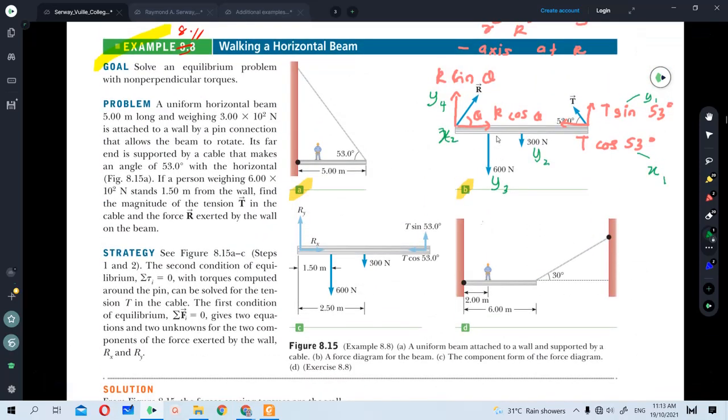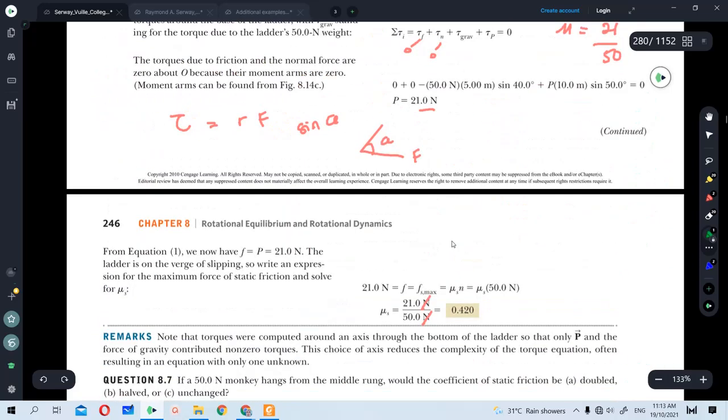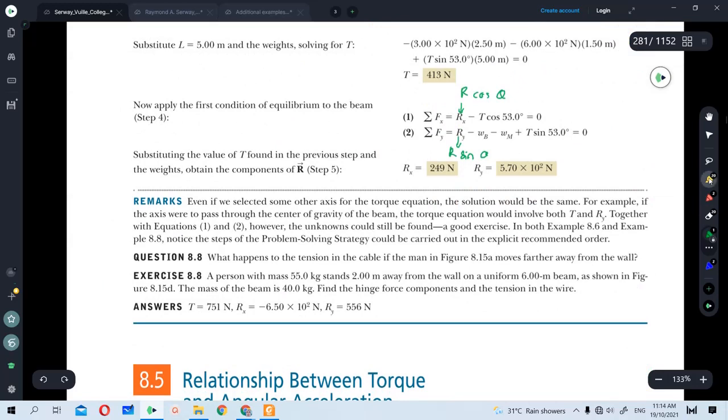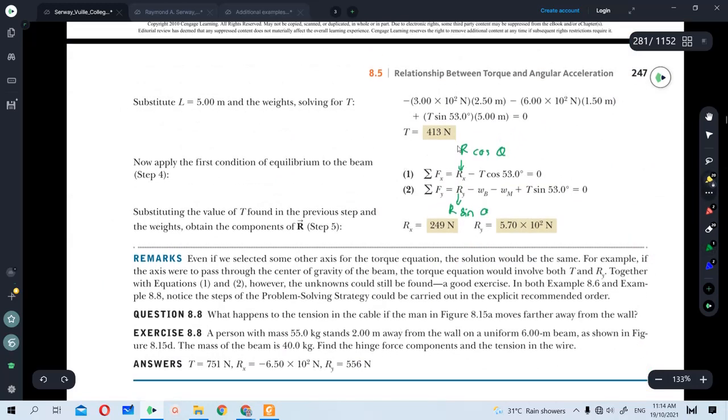Next one is, we have to go back to the solution just now and we will find something. We should notice that in both expressions, we have R unknown, theta unknown, T unknown, and the same goes with this one.